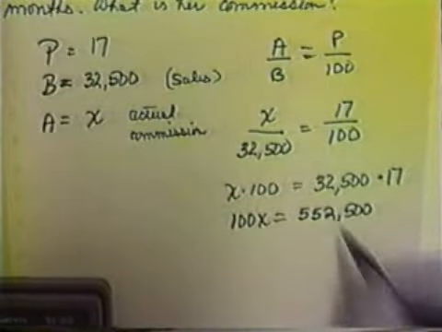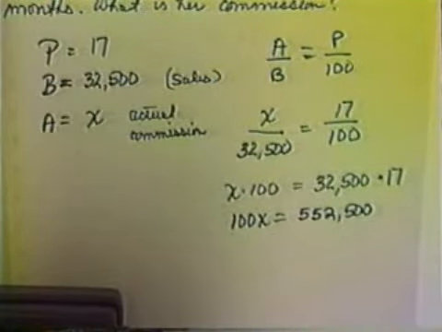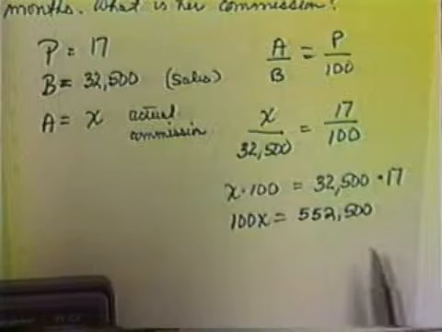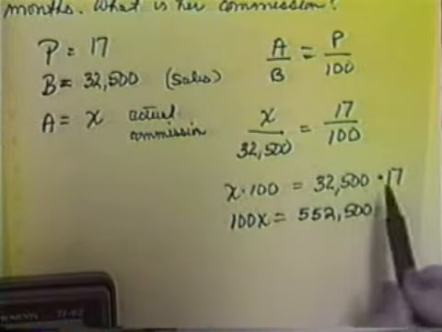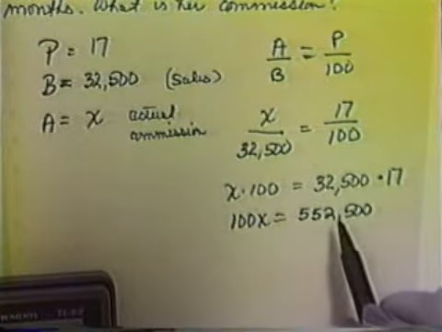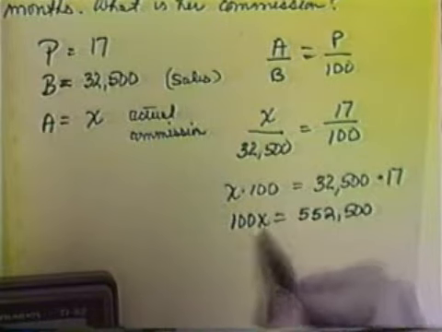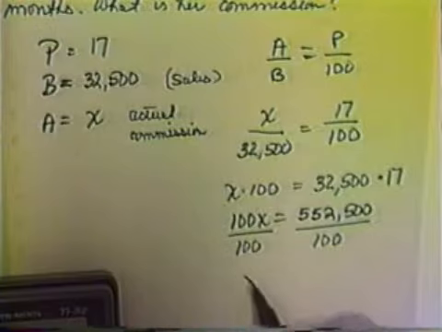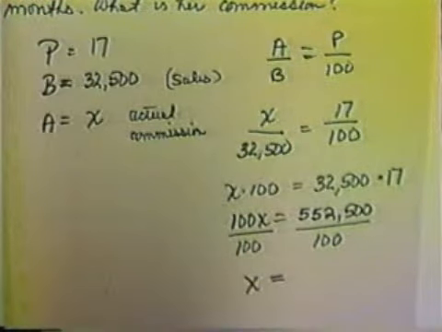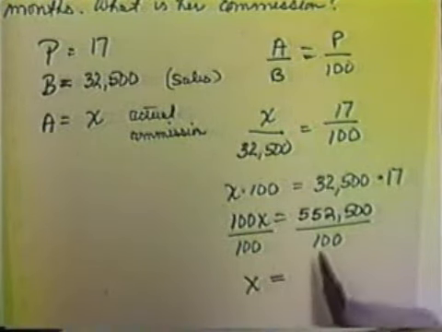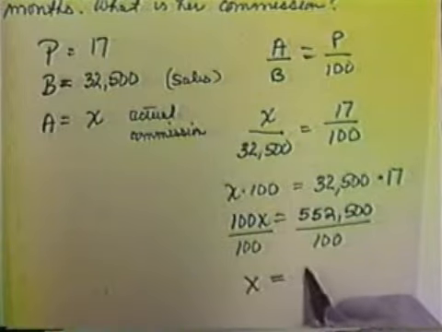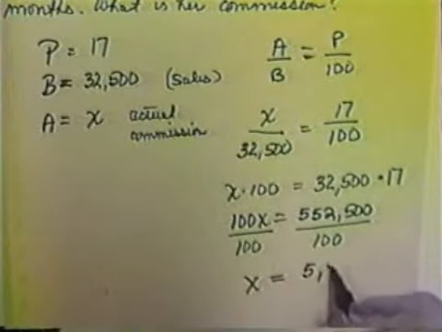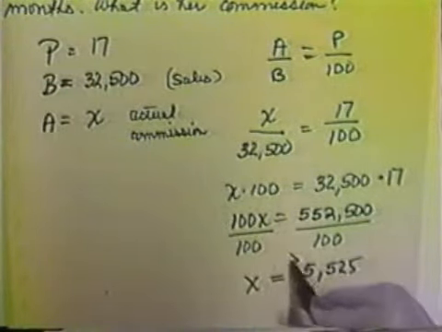And we get 552,500. Now if you use the comma or not, it won't make any difference at this point. 32,500 times 17 is 552,500. Now to find X, we want to divide both sides by the number that's with it, so we want to divide by 100. And that means X is going to be $5,525.